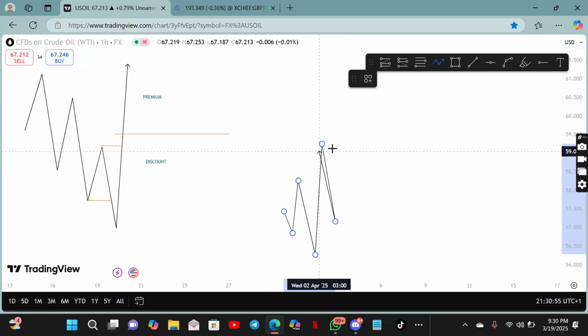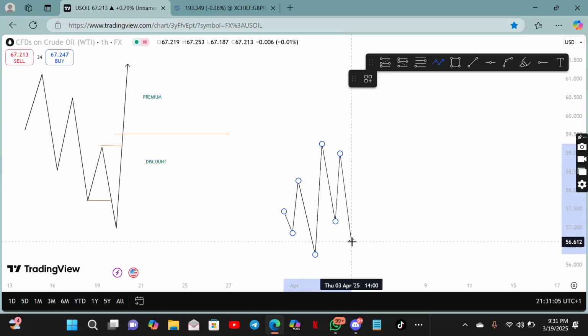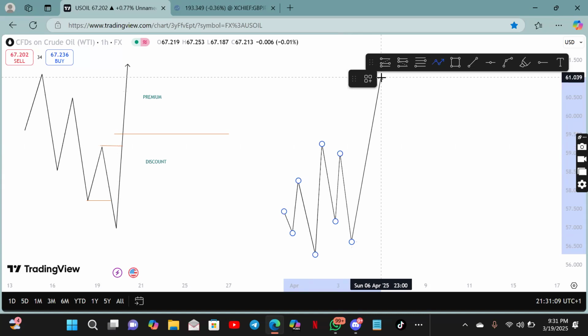Maybe it might not even break. Sometimes it doesn't break it. Sometimes it might just be like this, and be like this. It might just give you like that, and then boom. Are you seeing it? It might give you like this.